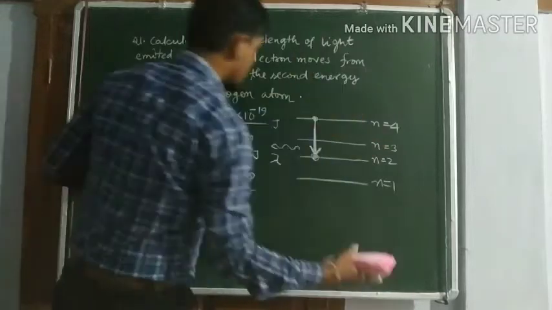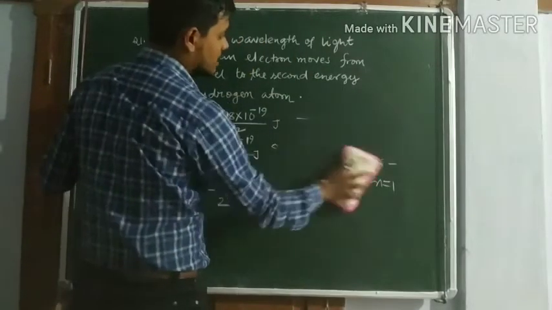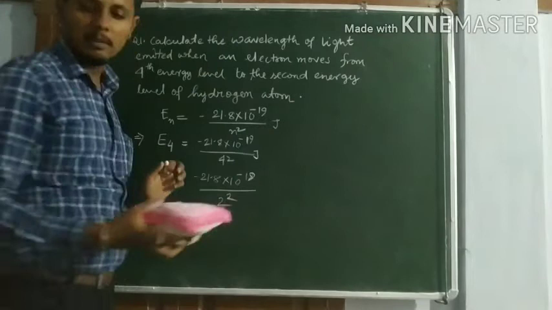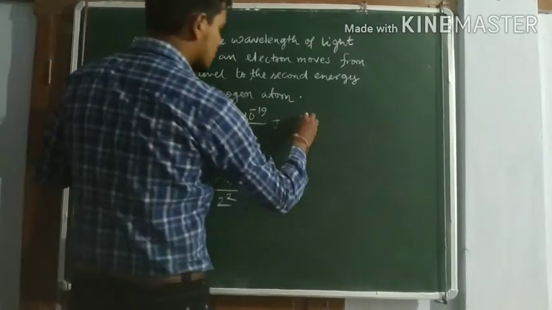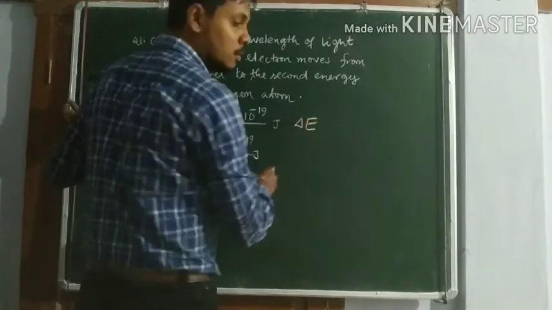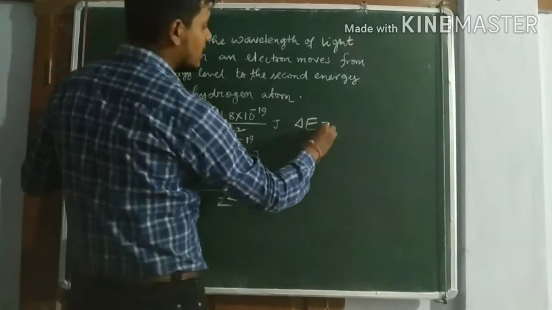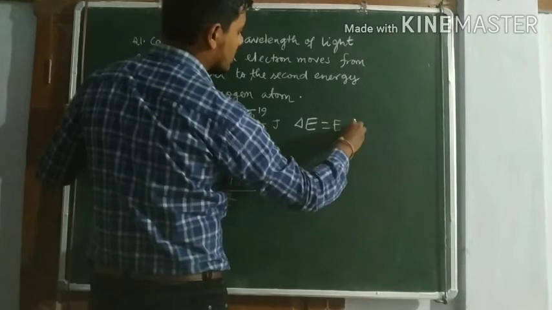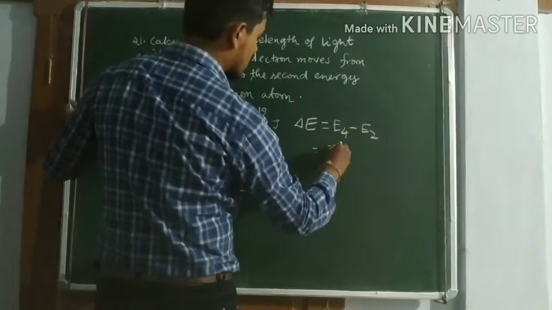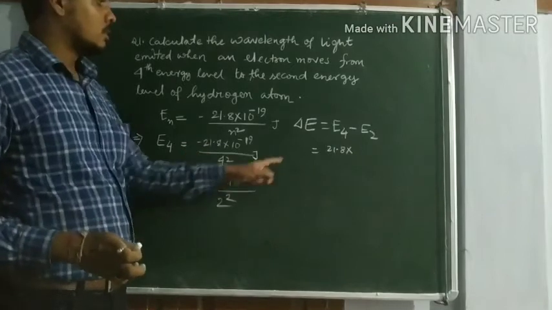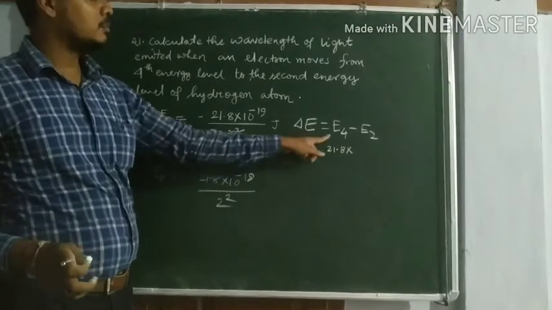Now the electron's energy is higher in the fourth energy level and lower in the second energy level, so the energy decreases. So if delta E is the energy lost by the electron, then delta E will be E4 minus E2.